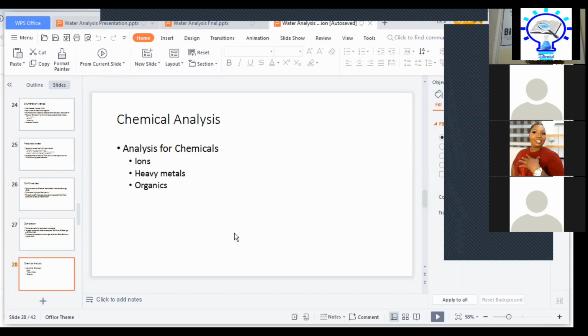So all the ions, heavy metals, and organic compounds that are in that water end up entering our body. Some of them cause cancer. Some of them make us have kidney failure. Some of them make us have heart failure. And like I said, doctors are busy in the hospitals trying to treat people of all those kinds of challenges.